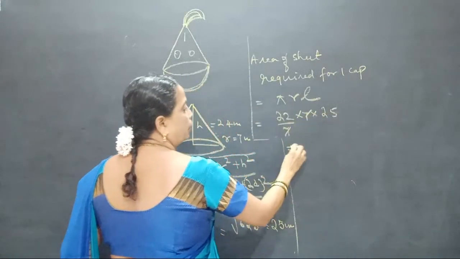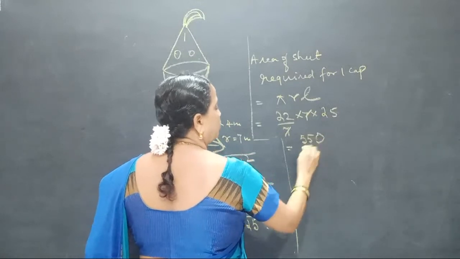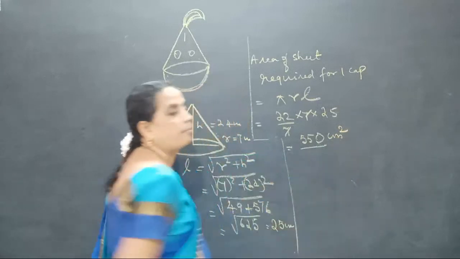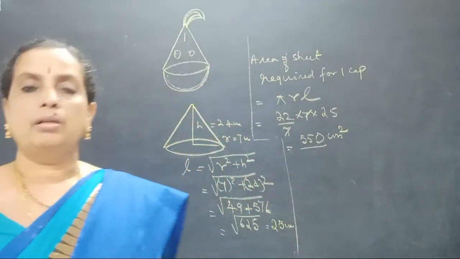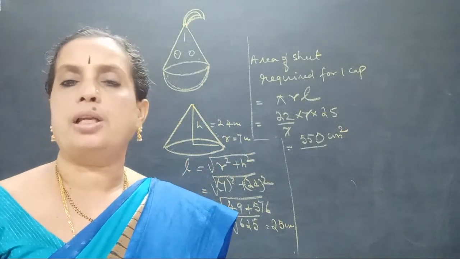Cancel this. 25 twos are 50, 25 twos are 50 plus 5, so 550 centimeters square. But we require what is the total sheet for 10 such caps?